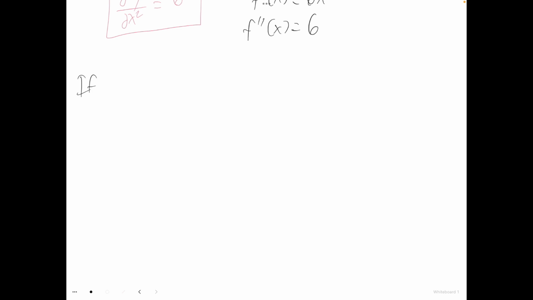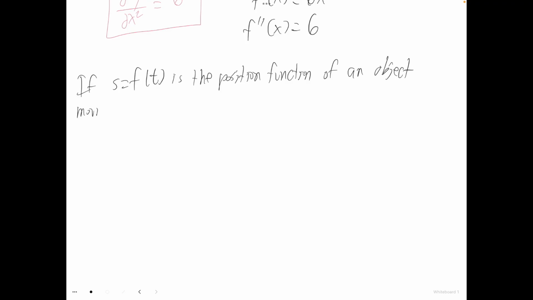And so if s equals f of t is the position function of an object moving in a straight line, then v, which is f prime of t, is the velocity function.